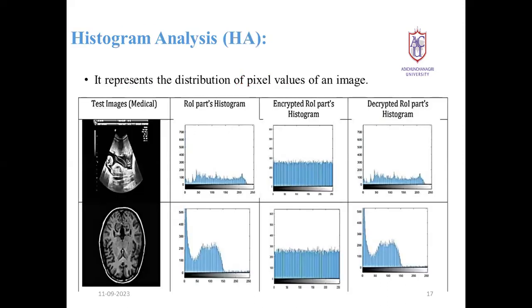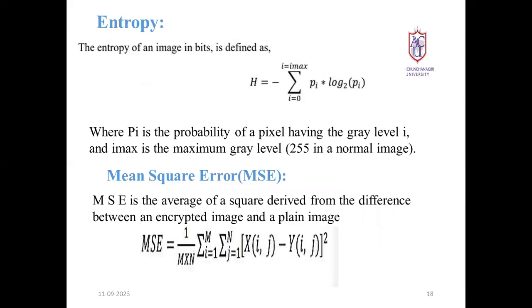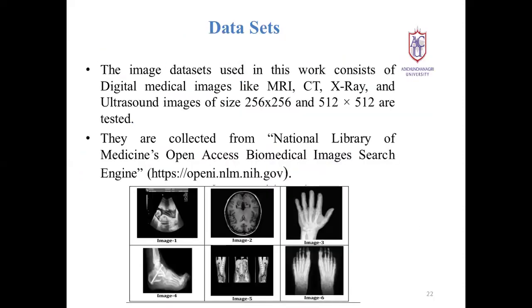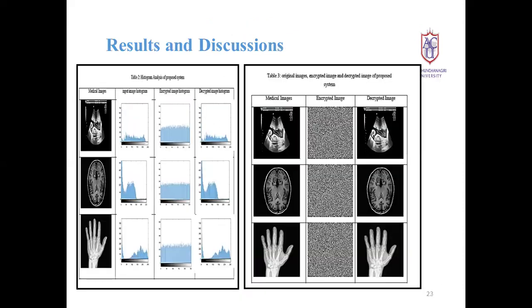So these are the results of our encryption technique. Here I have taken the data set of 6 different images, ultrasound, MRI, and X-ray images, which are taken from the National Library of Medicine's open access biomedical images search engine.